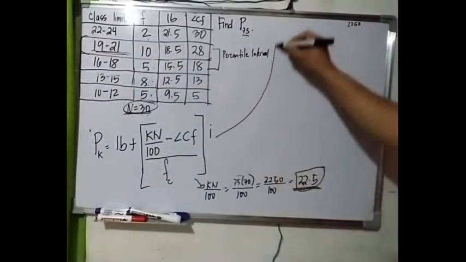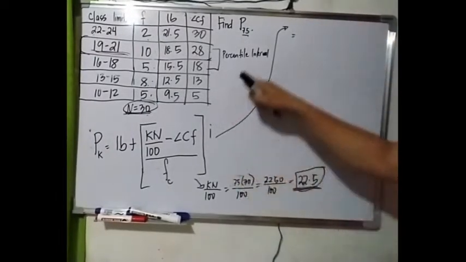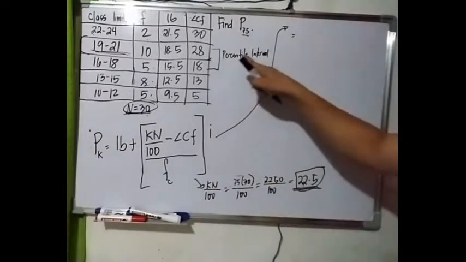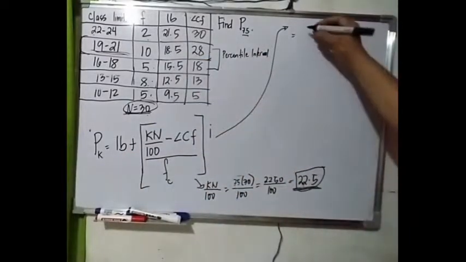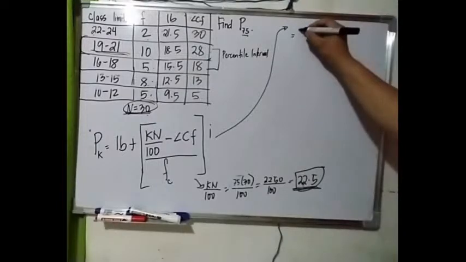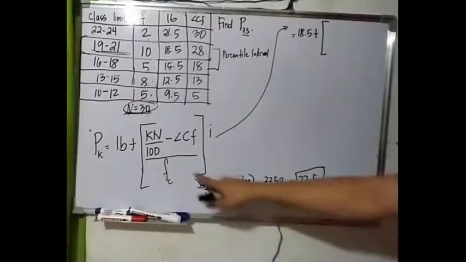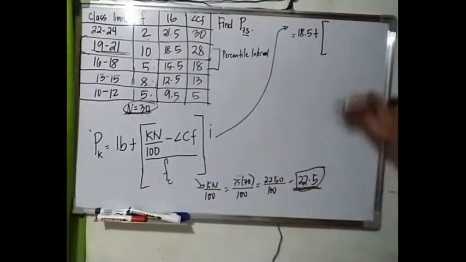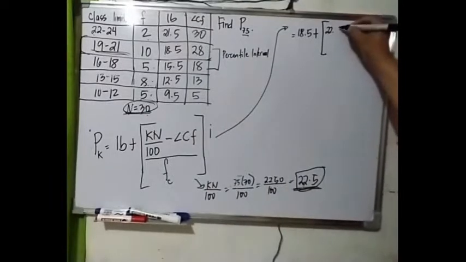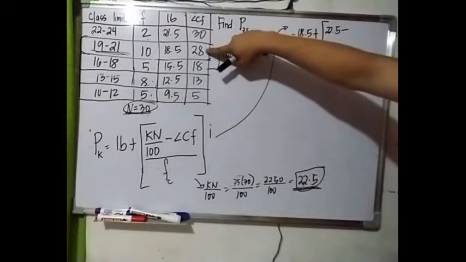So we will substitute. So we have, so lower boundary of the percentile interval, that is 18.5 plus quantity of k times n over 100, that is equivalent to 22.5 subtract, ito pa rin, baba sa 28.